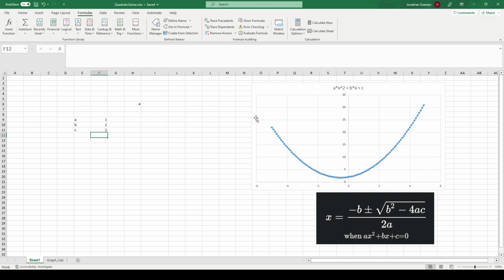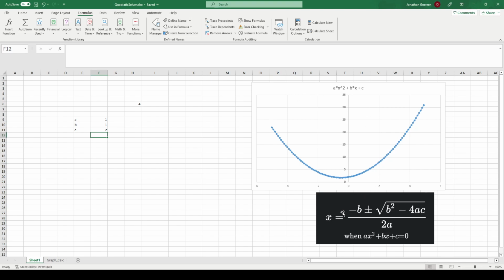So the quadratic equation, this lovely piece of work here, is designed to return the roots of a quadratic function. The quadratic function must be of the form ax squared plus bx plus c. This is a typical high school level bit of maths.